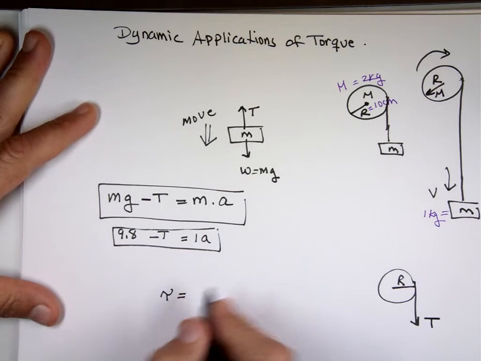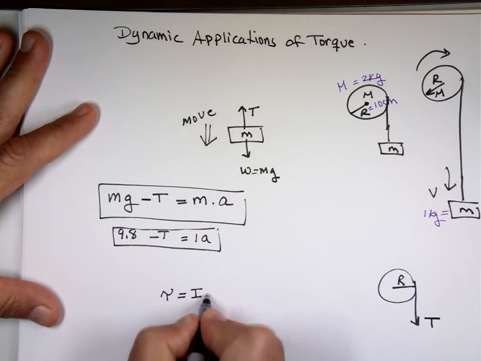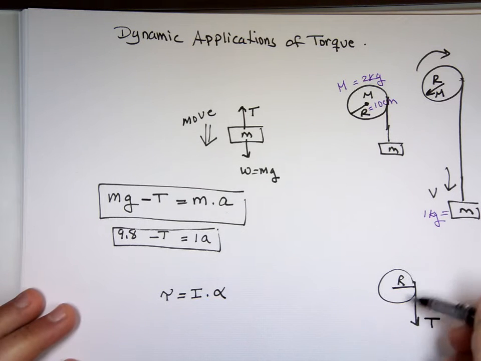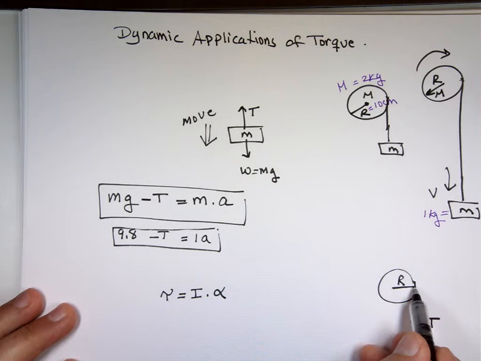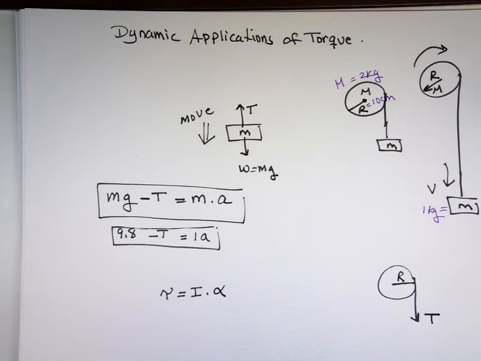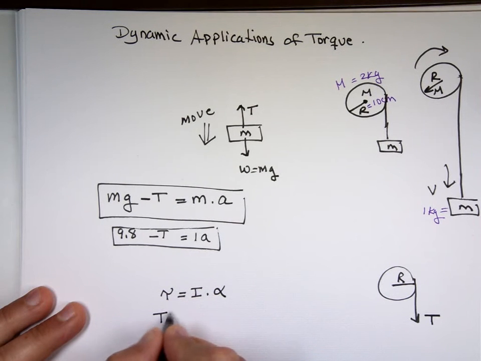We did that last class. Inertia times what? Alpha. The torque is the force pulling down times that distance. Well, what is the force pulling down? Isn't that the tension in the string? What the string is pulling on me? So T times R.